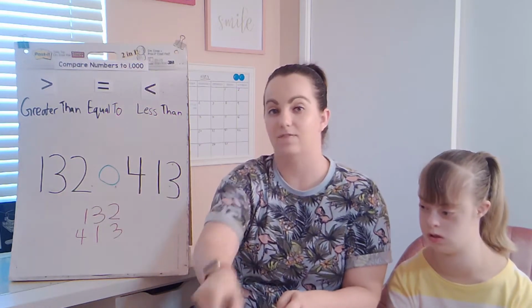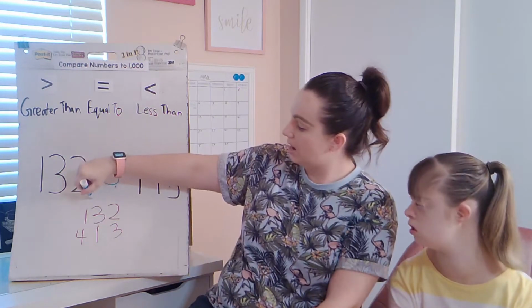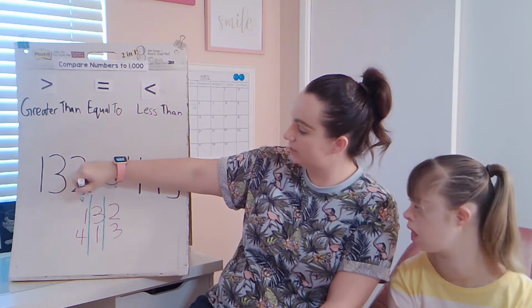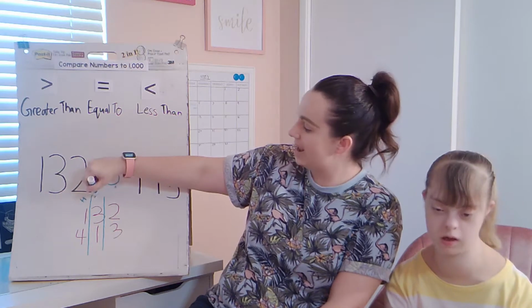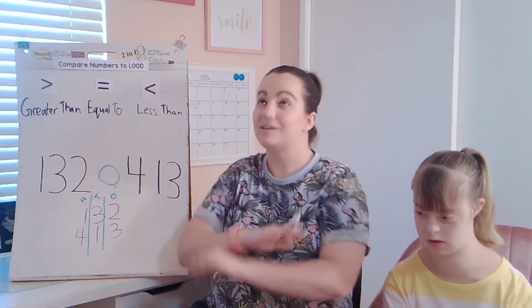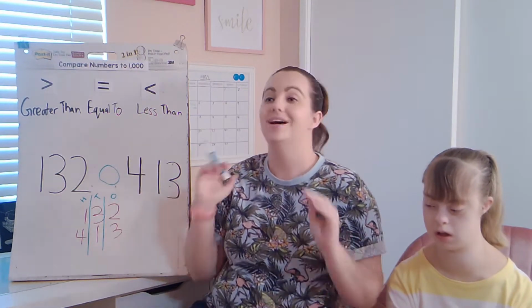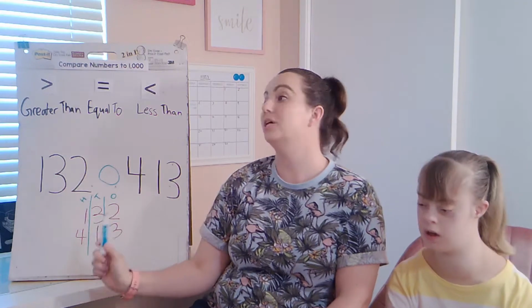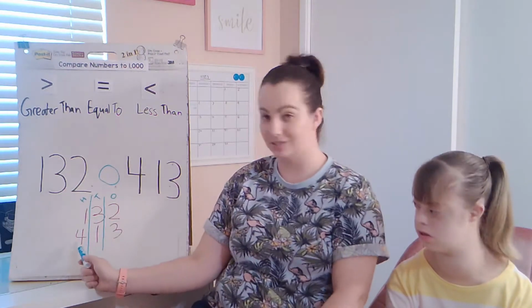Once again, if you need to, draw lines down the middle to keep track of your hundreds, the H, tens, T, and one spot. Different than our addition and subtraction, to compare numbers, we're going to start in the hundreds. So this time we do start all the way to the left, the hundred side.